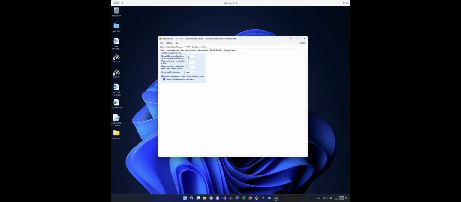There's also the concept that a certain number of allocations via backfill cannot be exceeded. So it might be that we're assigning 12 patients to a given dose, but if 5 of them are backfilled, then the other 7 need to be regular escalation patients.